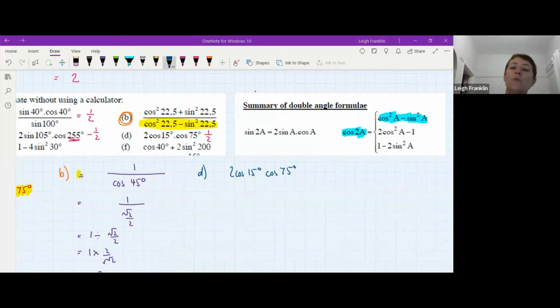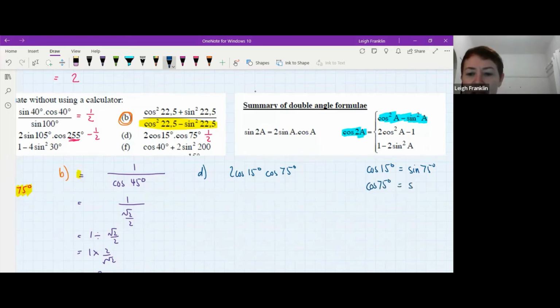So again, this is where your co-ratios are just so important. How else could I write cos 15? As a sine 75. Exactly, I could write it as sine 75. Or how could I write cos 75?